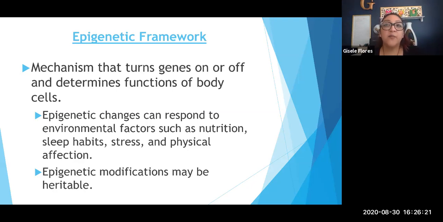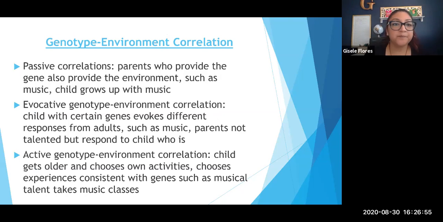Now, if I have that predisposition, let's say both my parents are drug addicts and I am in a different environment as a teen or as an adult, and not really have drugs at my disposal, I'm in an environment where I'm surrounded by people who don't engage in drug usage, the chances of me following into that genetic predisposition are going to be lower than if I were to be constantly exposed to that.